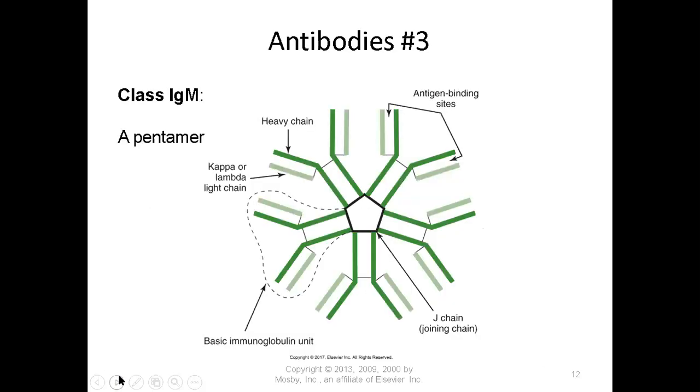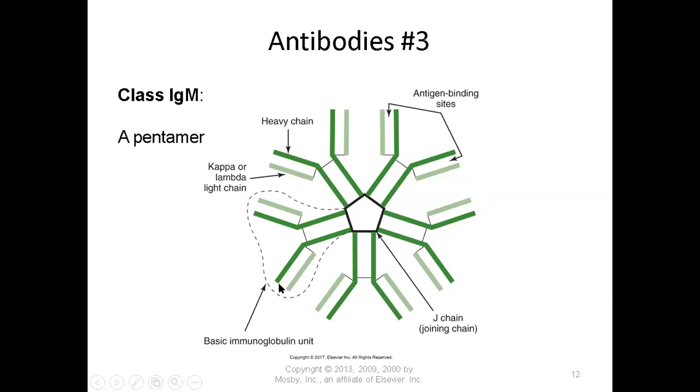So let's move on and talk about the other class of antibody that's relevant to blood banking, and this is class IgM, or immunoglobulin M. Class IgM is what we call a pentamer. When you look carefully at this diagram, we have one of those basic antibody molecules that we looked at in the last picture.